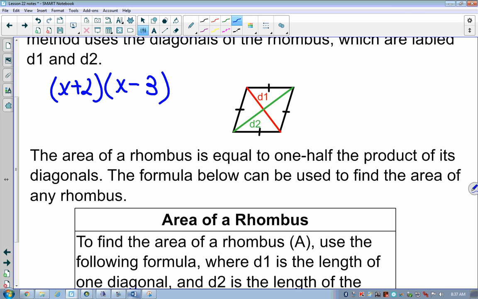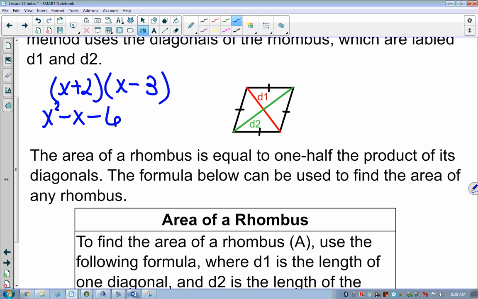I would have to multiply those, and in multiplying those I would need to FOIL them. I'd wind up with something like x squared minus x minus 6. People tend to stop there, but my formula says I have to do what with this?